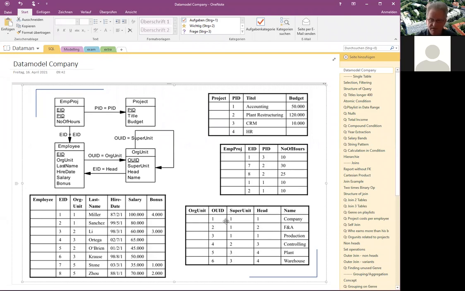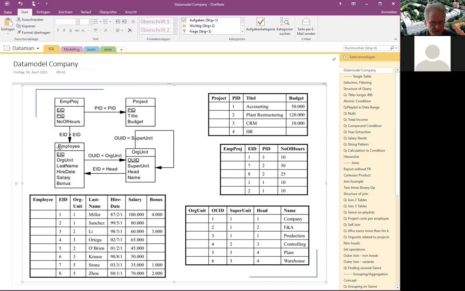I will come to that in a moment. We have a hierarchical structure here. So on the top level, we have the organizational unit that's the company itself. And then we have finance and accounting, and we have production, and controlling and so on.